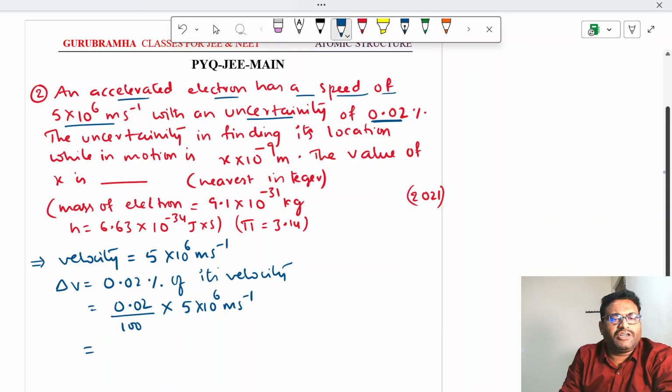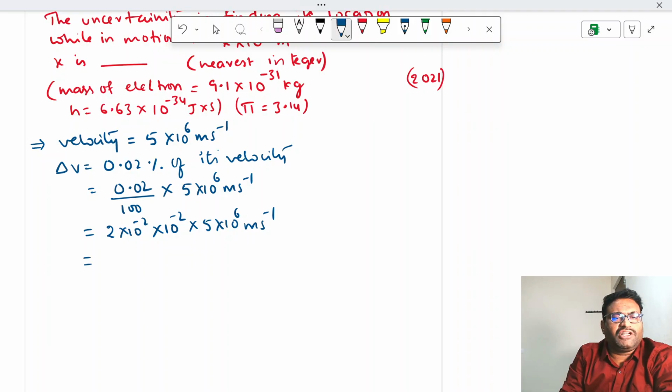Then how much do you get? 0.02 can be written as 2 into 10 power minus 2, divided by 100 means 10 power minus 2 again, into 5 into 10 power 6 meters per second. So that is equal to 2 5s are 10, 10 into 10 power minus 4 into 10 power 6, that is 10 into 10 power 2, which is 10 power 3 meters per second.